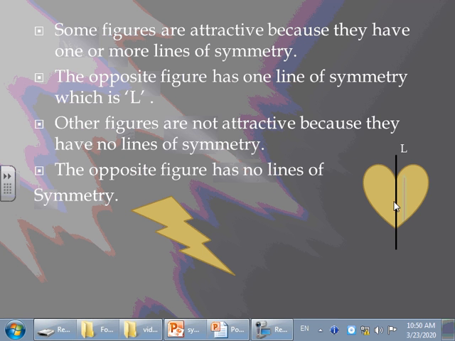I can cut it into two equal parts with the line called L. Other figures are not attractive because they have no lines of symmetry, like this figure. I cannot cut it into two equal or identical parts. The opposite figure has no lines of symmetry.